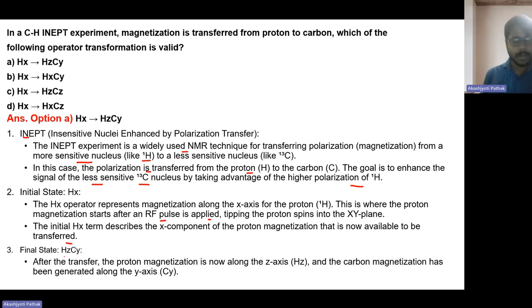To the carbon nuclei. I am irradiating my proton nuclei by the application of this 90 X pulse, and that causes the transfer of the polarization of the proton nuclei to the carbon nuclei. Because of this transfer, the proton nuclei relax back to their equilibrium position, that is, the z-axis.